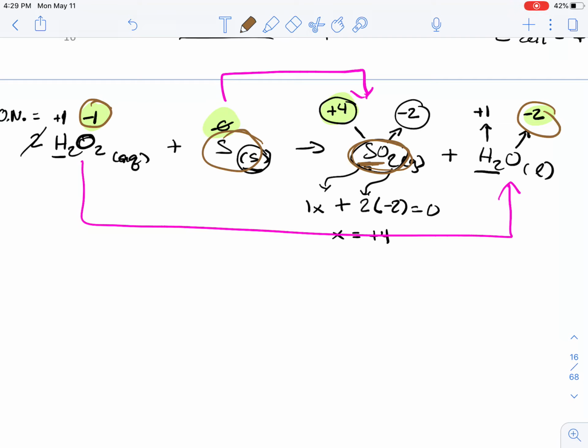Therefore, the conversion of hydrogen peroxide into water involves a reduction. And if you look at the oxidation number of sulfur on the reactant side and sulfur on the product side, I'm increasing my oxidation number. So sulfur is going to undergo oxidation.